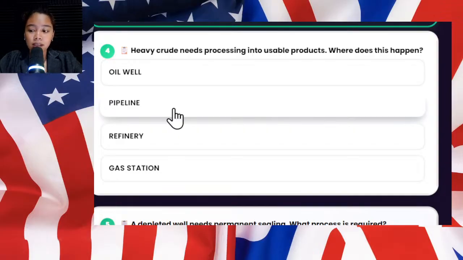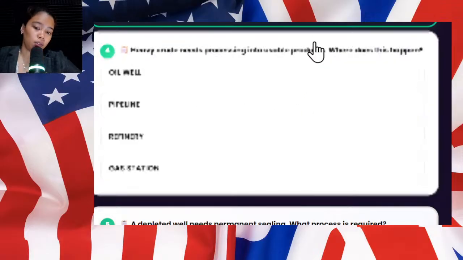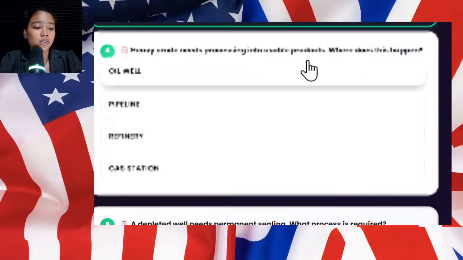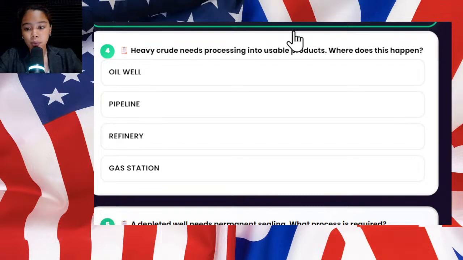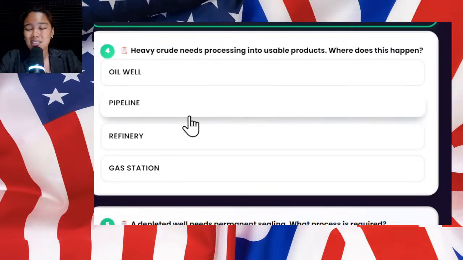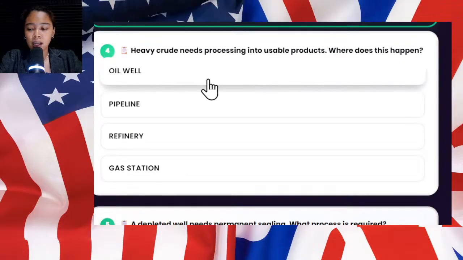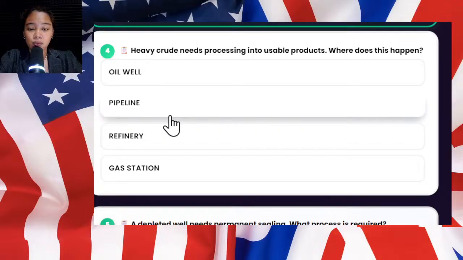Basically, a pipeline is for transportation of crude oil, natural gas, or refined products. So this is still not our answer. Again, oil well is for extraction, pipeline is for transportation.